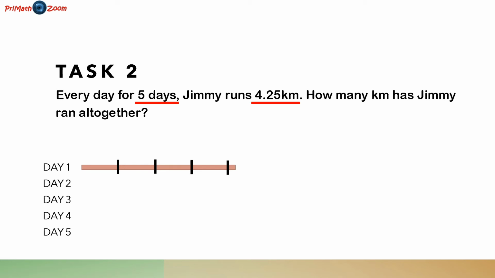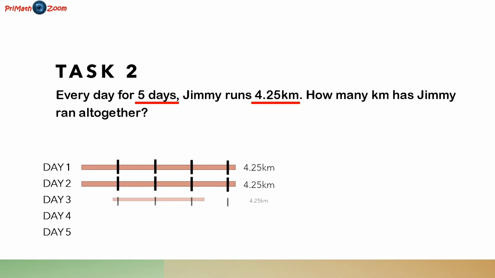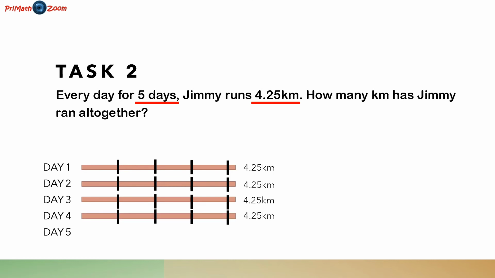So he runs this distance every day. So day 2, and that is 4.25 kilometers. So day 2, he runs 4.25 kilometers again. Day 3, the same. Day 4, and also day 5.